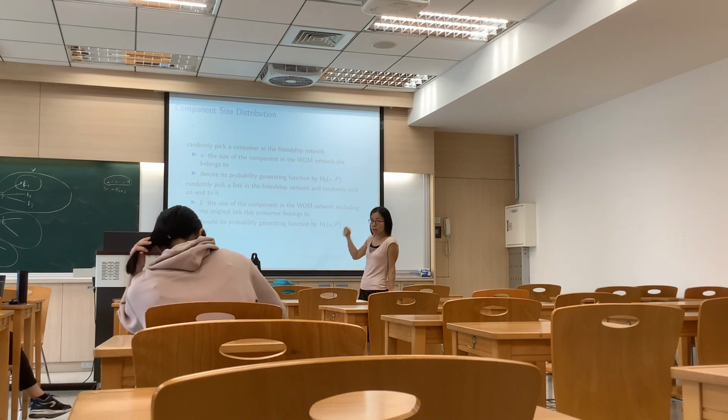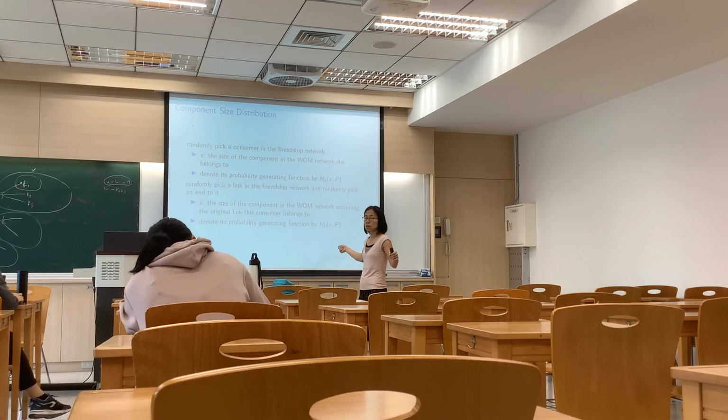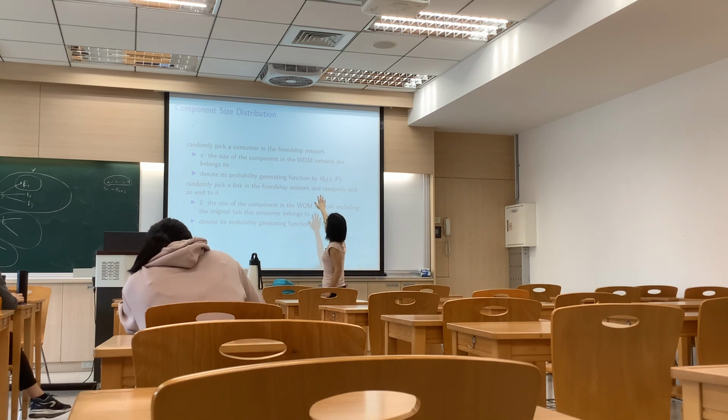And if she is susceptible but has no friends who are susceptible, then this component has size 1. So S is the size of a component in the word of mouth network that a randomly picked consumer in the friendship network belongs to. We denote the probability generating function of this random variable by H0.